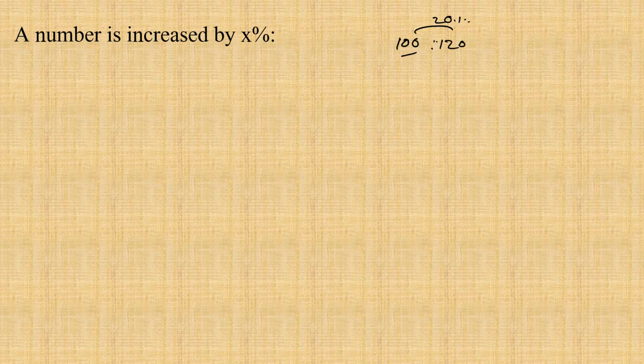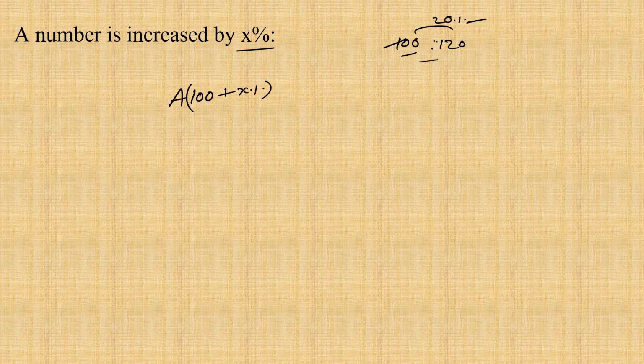Here we know 20%, the percentage increase, and the number. But when we don't know the number and we don't even know the percentage, how will we write? Okay, we will see here. Let the number be a and it was increased by x%.